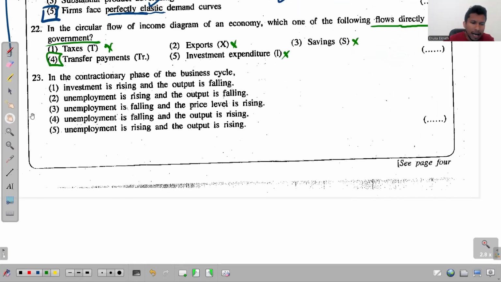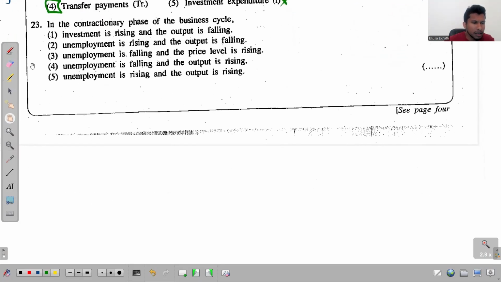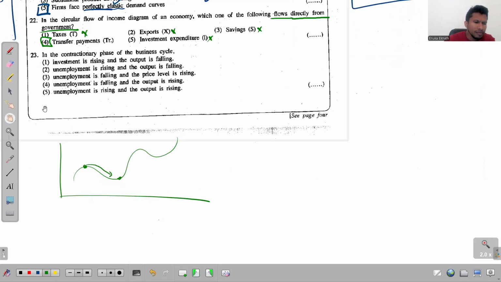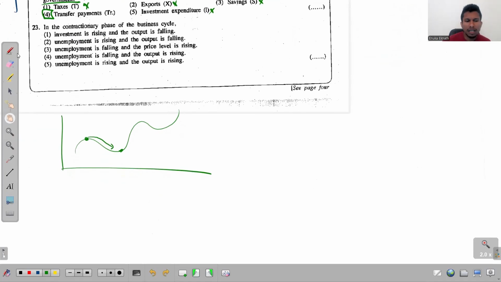In the contractionary phase of the business cycle. Okay, so this is the business cycle, and the contractionary phase means this phase. In the contractionary phase of the business cycle, investment is rising and the output is falling. Here is how it happens. First, aggregate demand decreases and as a result the firms will reduce their production.